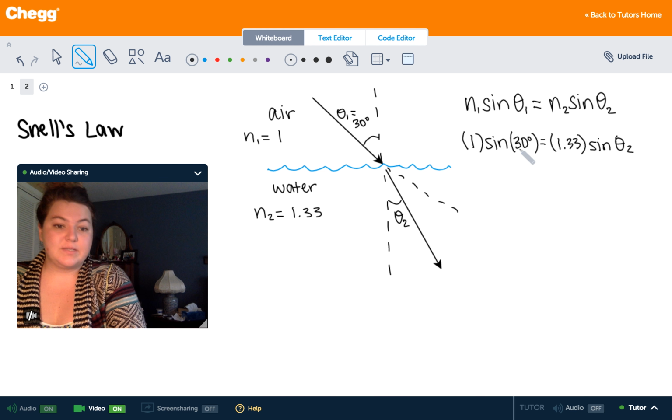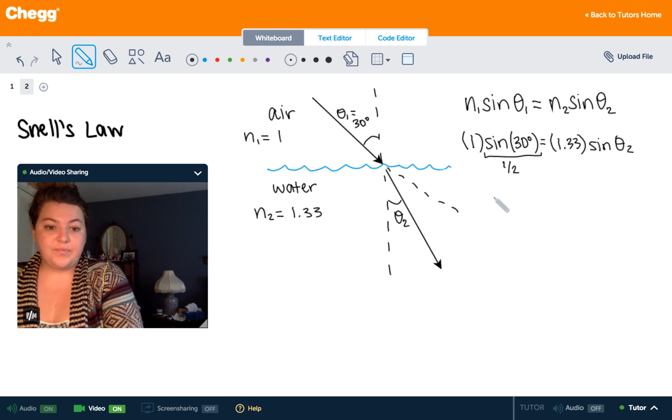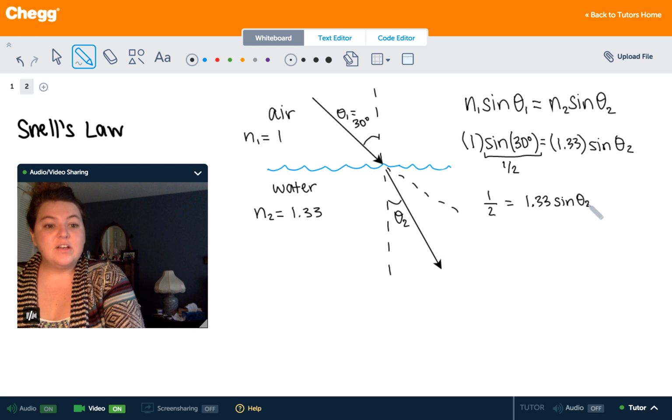Well, of course, 1 times the sine of 30 is just the sine of 30. And the sine of 30 degrees is 1/2. So we have 1/2 is equal to 1.33 times the sine of theta 2. Okay? So to begin to get this theta 2 by itself, we would divide by 1.33 on both sides.